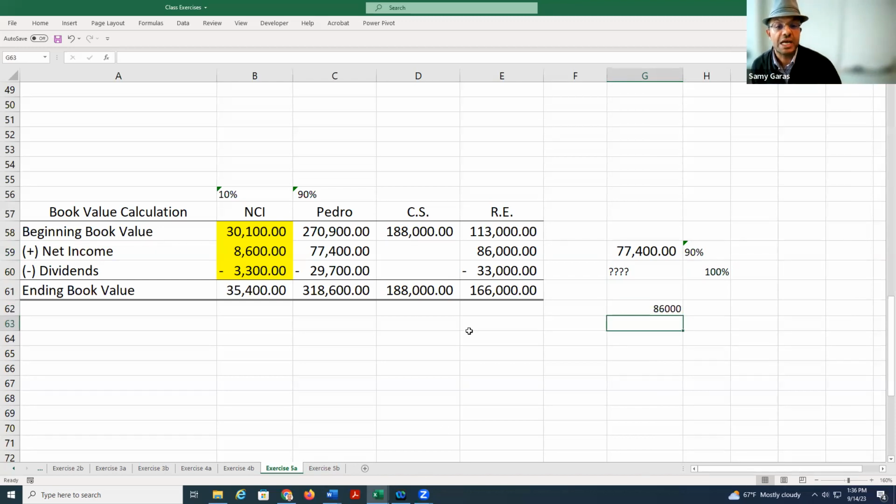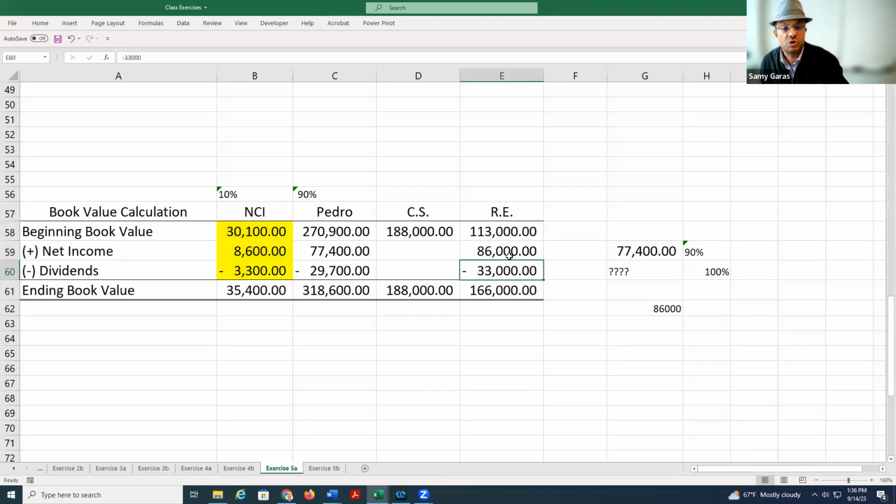So the total net income is 86,000. So 86,000 minus 77,400, we get the NCI. So please remember, the amounts in the NCI account are not given, but usually we ask that the person should calculate them. So all the time, whether in the assignment or the exam, you will be asked to calculate the NCI.